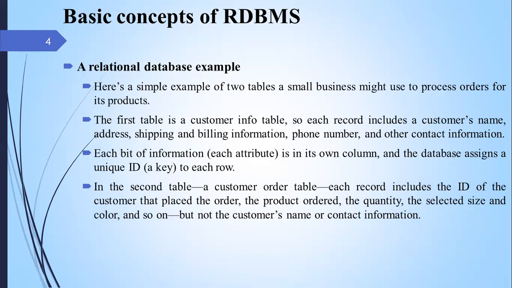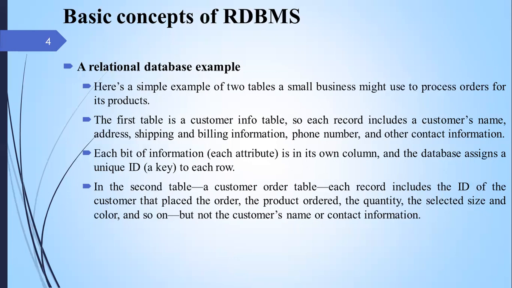Similarly, we have another table, the second table, a customer order table. What information does the second table have? Each record includes the ID of the customer that placed the order. Based on that ID, the customer will be able to place the order, along with the quantity, the selected size and color, and other attributes on the basis of which he can place the order.